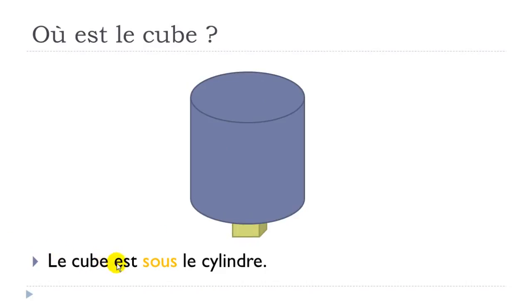Le cube est sous le cylindre. Don't pronounce the final S, and this OU combination of vowels is pronounced ou. Sous. Le cube est sous le cylindre.